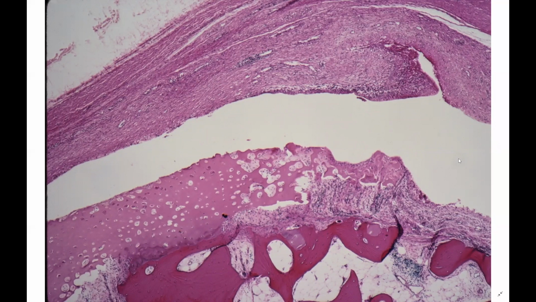Then there is a collision zone with cartilage, and something very amazing is happening in the collision zone. The chondrocytes are proliferating and resorbing their matrix even when they're not in direct contact with the pannus. This is because of the cytokines being released from the inflammatory response in the pannus.